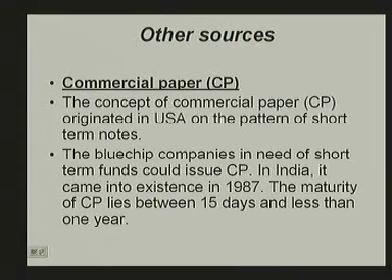In India also it came into existence in 1987. So, that way it is also quite old, but the only drawback is that not all the companies have the freedom to utilize the commercial paper route to mobilize working capital. There are very few select companies which can exercise this kind of funding mechanism.